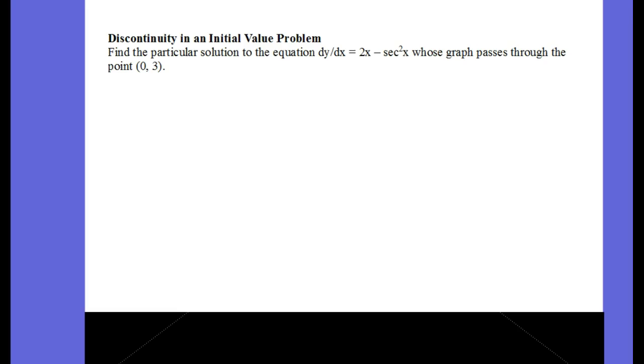We can find the solution only on a particular interval then.